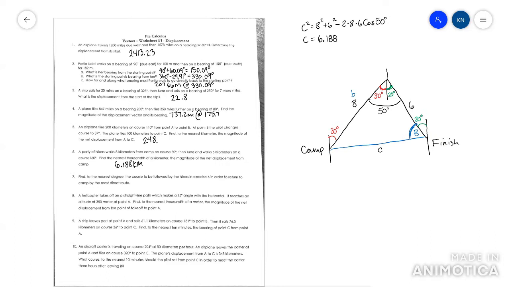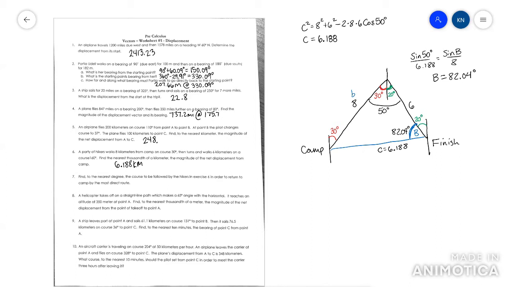So this would look like this. I know C now is 6.188. So it's going to look like sine of 50 degrees over 6.188 equals sine of angle B over 8. And if you do this right, you'll get angle B as 82.04 degrees.